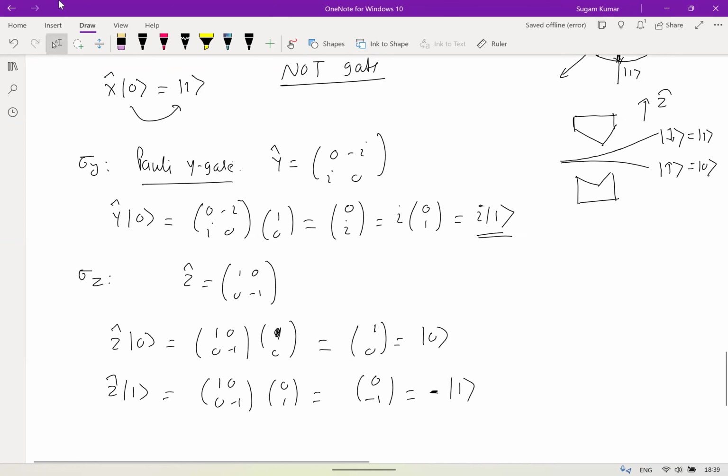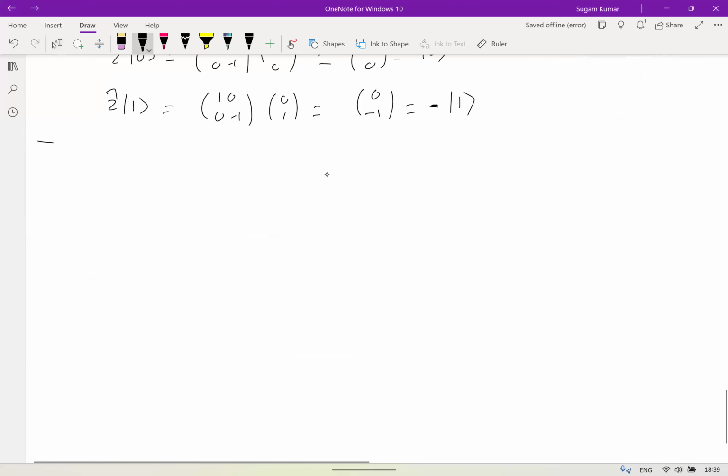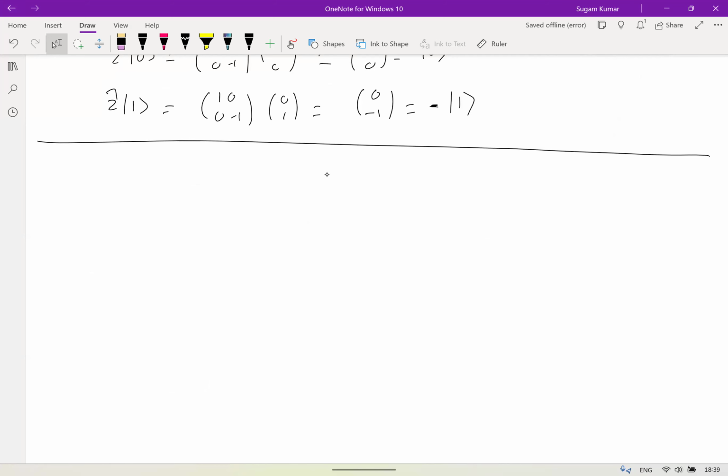Let us say if I want to construct some gate, then how can we really construct such gates in the lab? Then I will come to the other gates also one by one. So for example, let us say realization of the X gate.